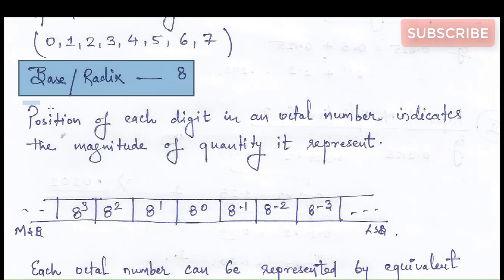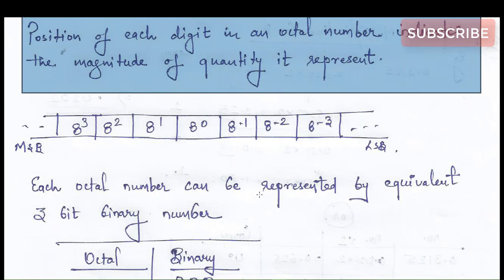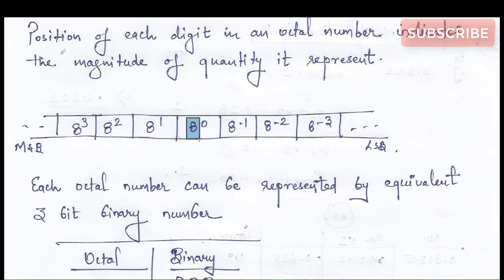The position of each digit in an octal number indicates the magnitude of the quantity it represents. It is also like the binary and decimal number systems, the only difference is the number here is 8, not 2 like binary, not 10 like decimal. Everything else is the same as binary and decimal.